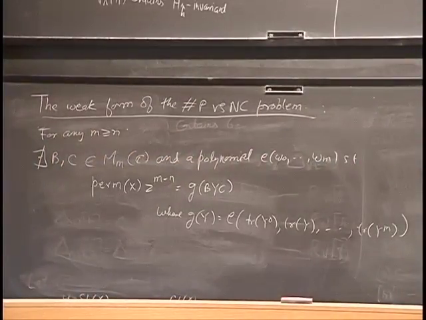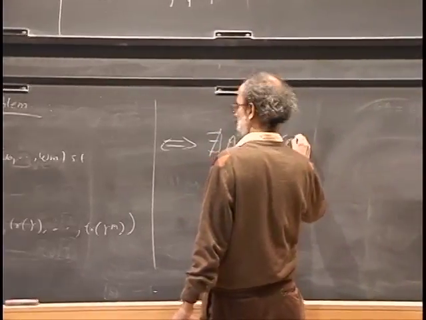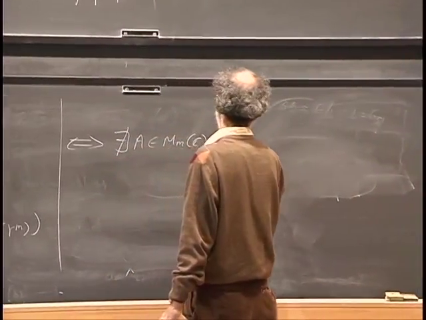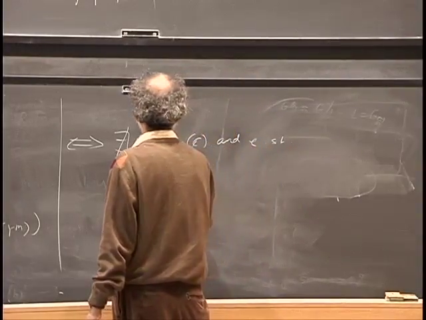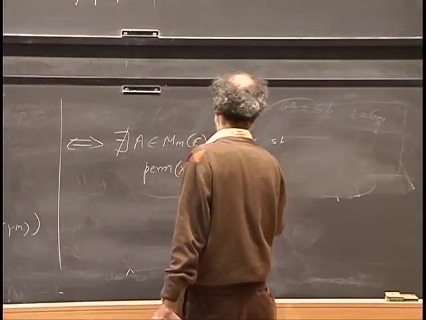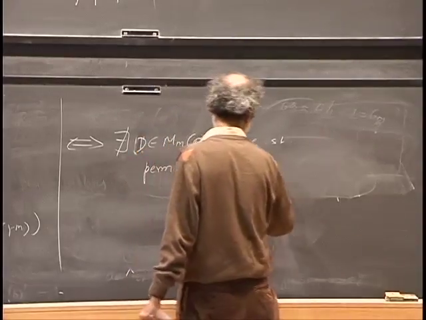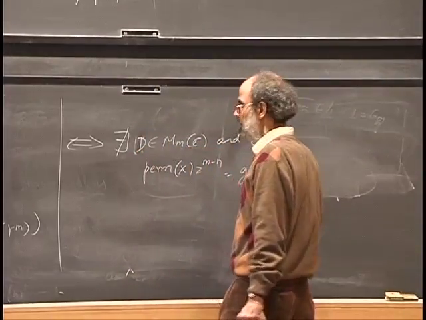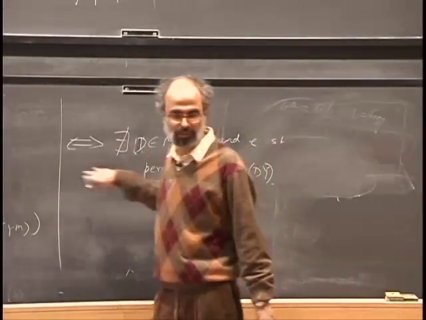Okay. And as was pointed out in the audience yesterday, this is equivalent to saying that there does not exist A in MMC, and again E such that permanent x z to the m minus n equals g of A. But the proof technique would work for just this form, not that.